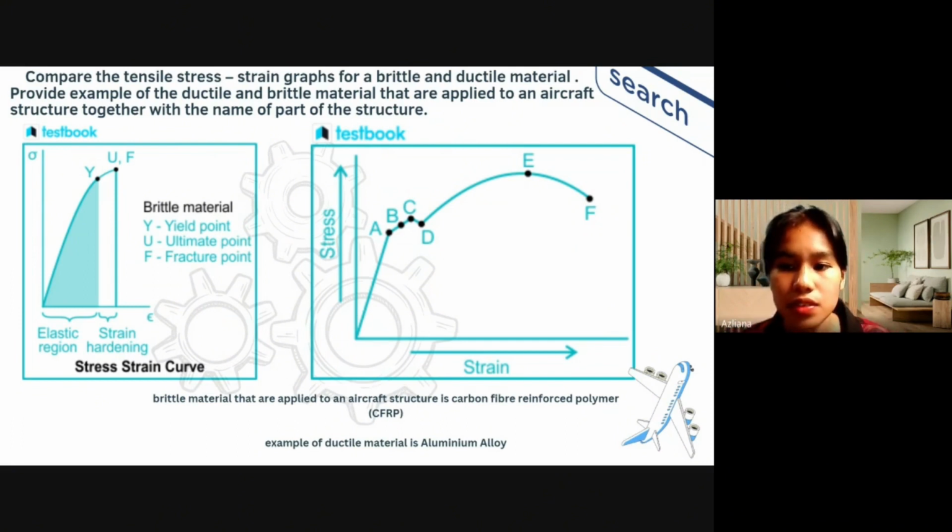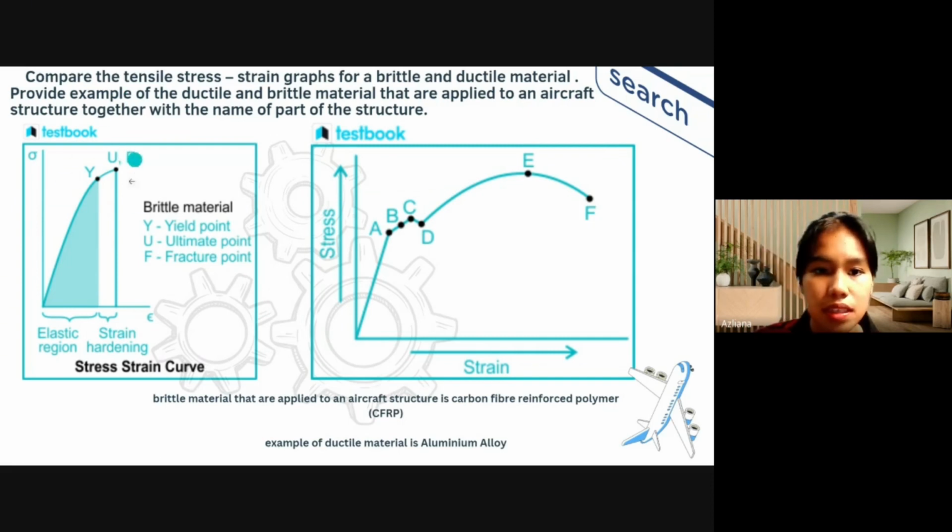The yield point is regarded as the highest stress level brittle materials can undergo without incurring permanent deformation. If stress surpasses this threshold, the material might not revert to its original form once the load is relieved. So when there is tension in that material, it will not come back to its shape instantly. So next is the fracture point.